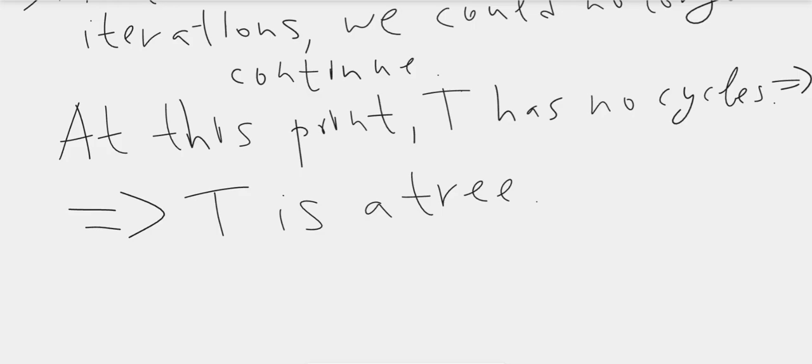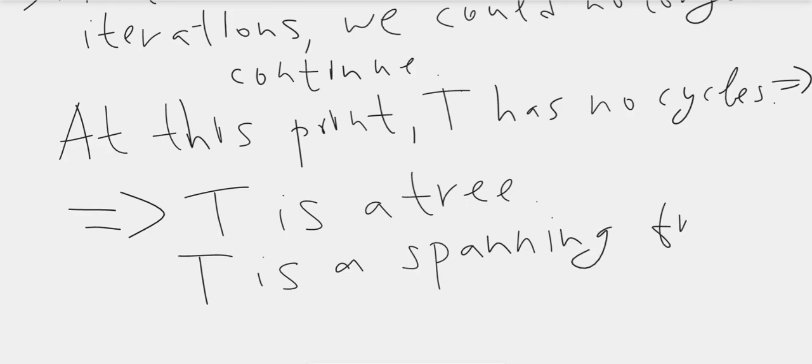So T is a tree and T is also a spanning tree. Yeah, so that concludes the proof. That's it.